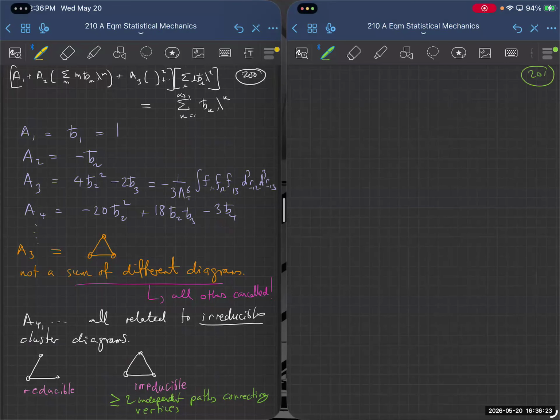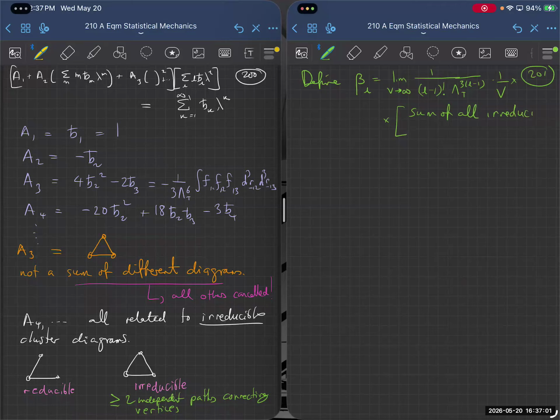And so the end result of doing all of this is that if we define a quantity which I'm going to call beta sub L, the limit as V goes to infinity of 1 over (L minus 1) factorial lambda_T to the power 3(L minus 1), times 1 over V times the sum of all irreducible L clusters, then the coefficients A_L in the virial expansion are just this: (L minus 1) over L times beta_L.